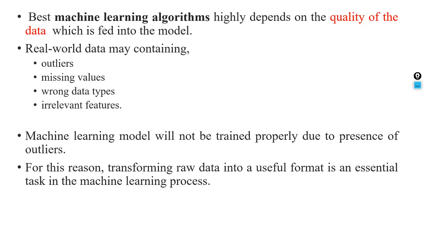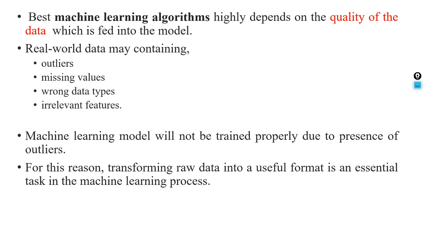Before going to discuss the outliers, first we have to understand the purpose of why we have to handle the outliers during pre-processing. Every machine learning algorithm builds a good model.